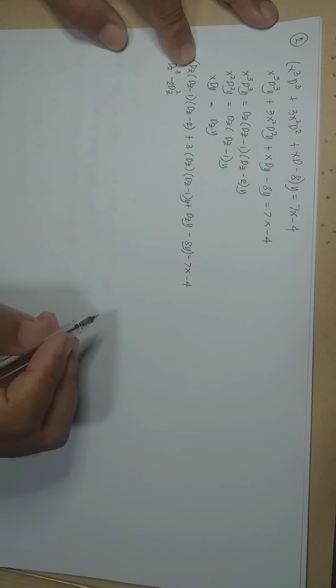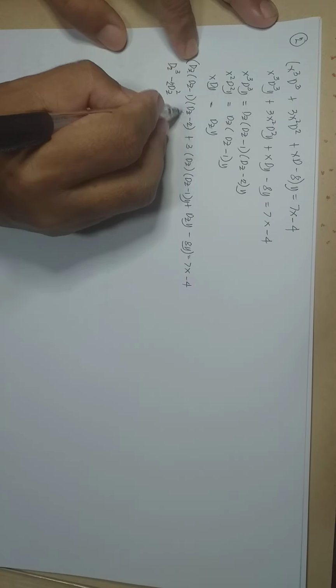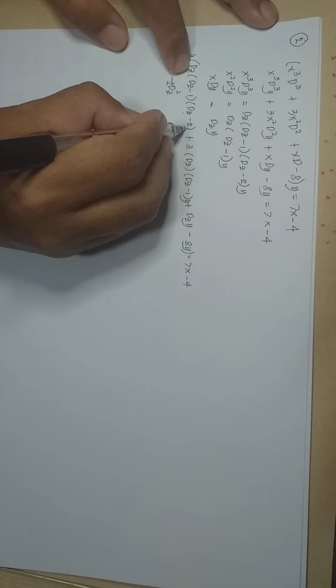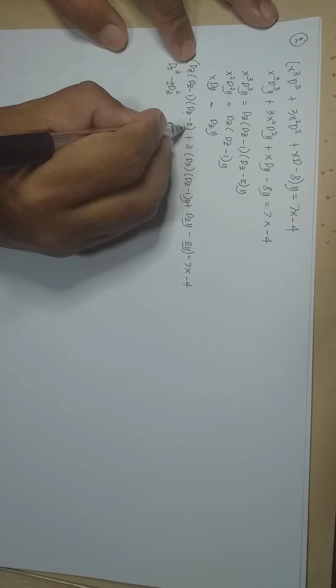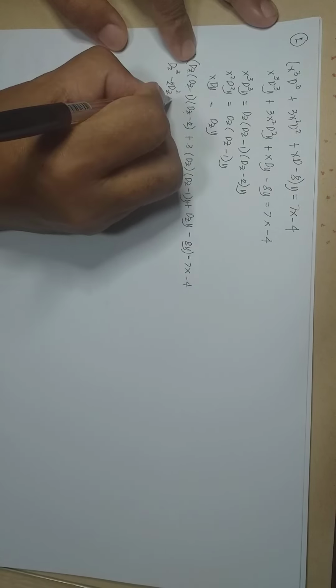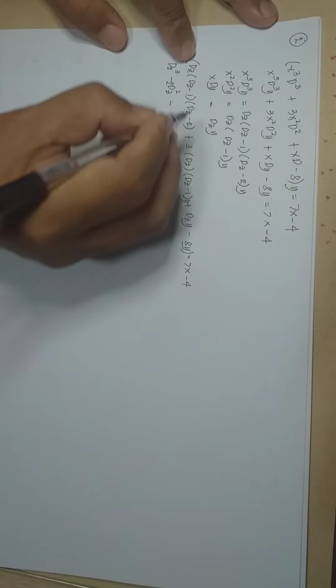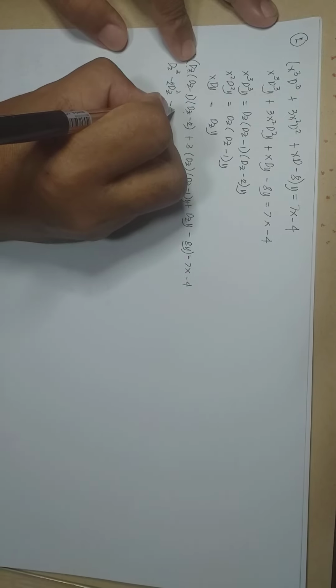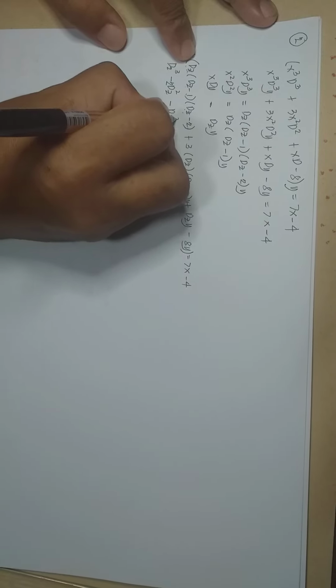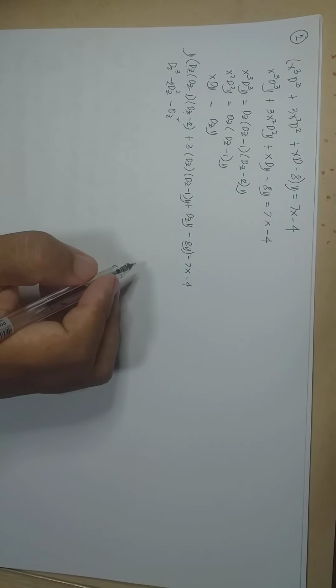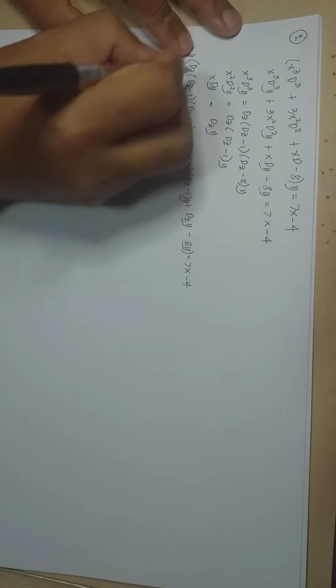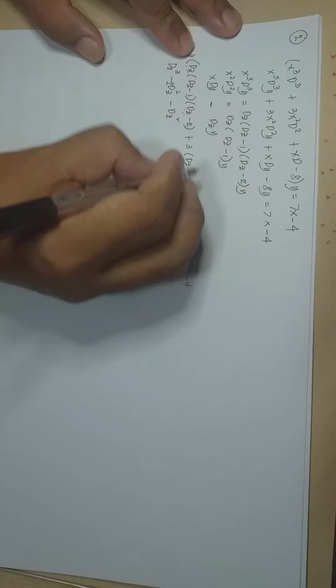Okay, this and this and that, minus this and that, Dz squared. Okay, and we have this and negative 2.